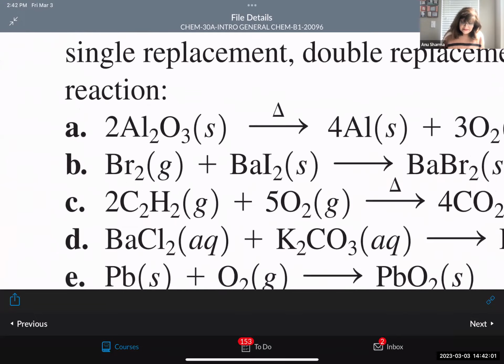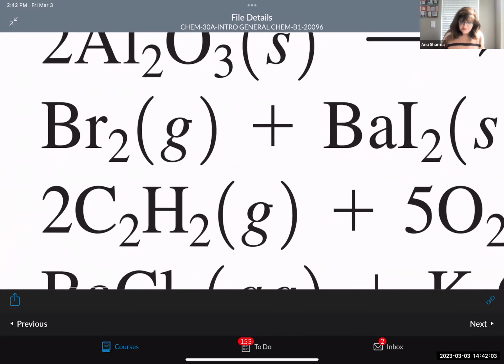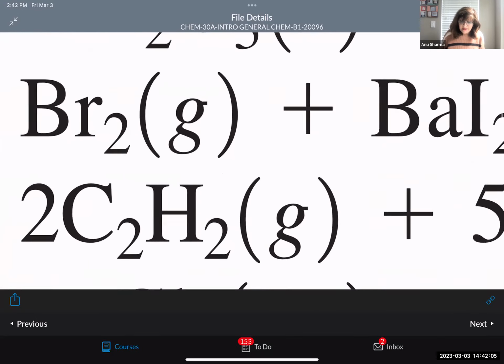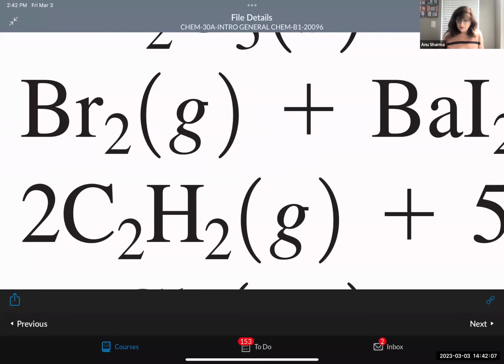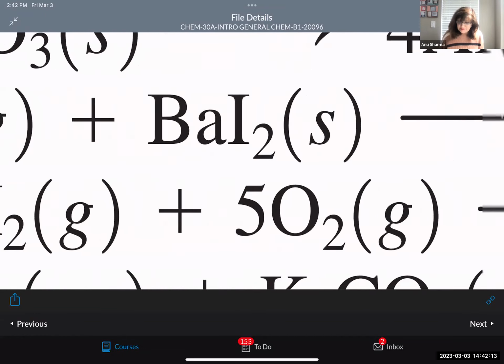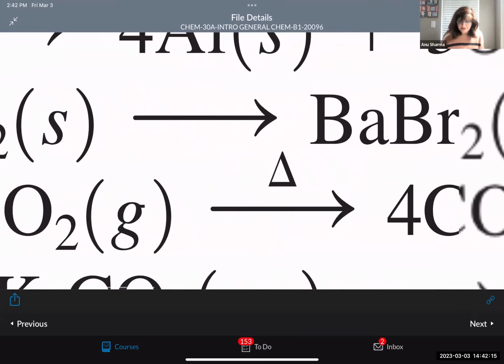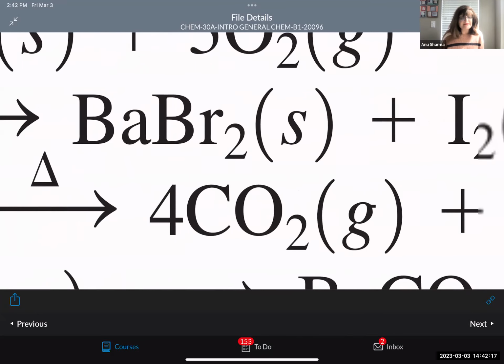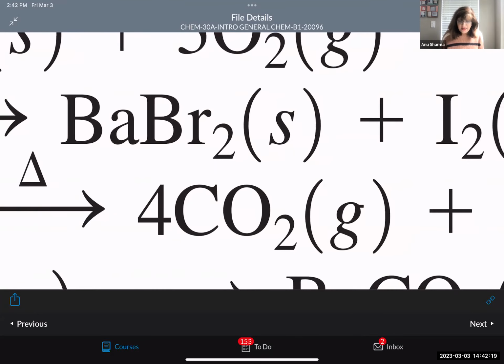Okay, next is bromine reacting with BaI2. So BaI2 and bromine are reacting. This is basically breaking up the BaI2, displacing that iodine, and bromine forms a bond with barium.